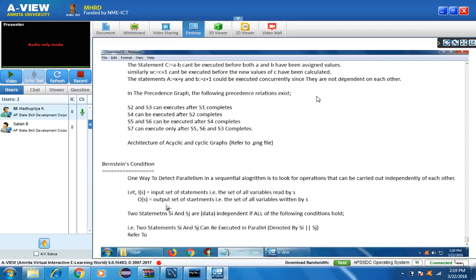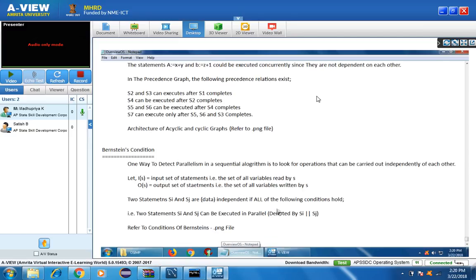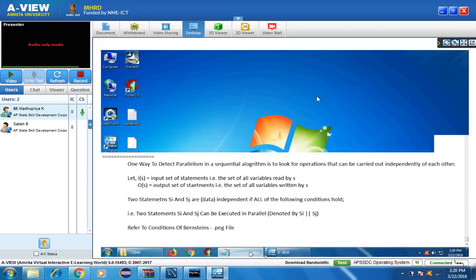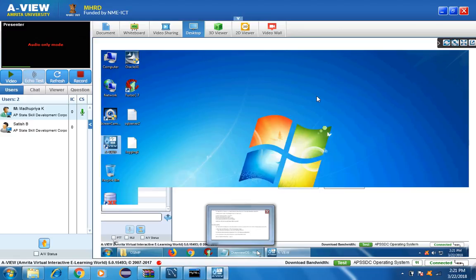I can say refer to conditions of Bernstein's .png file. Better, so that we can mention all the things we need in it. We'll open the Paintbrush image and see there what actually happens.